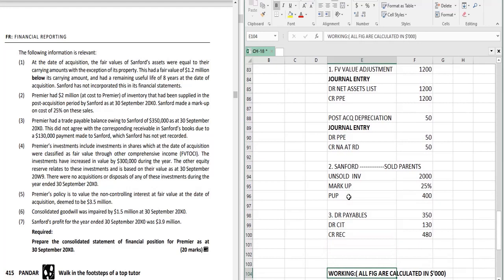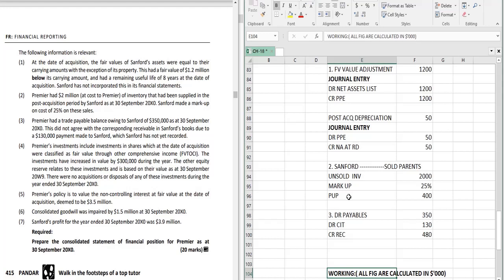Okay, so next point is that Premier's investments include investment in shares which at the date of acquisition were classified as fair value through other comprehensive income. The investment has increased in value by 300,000 during the year.